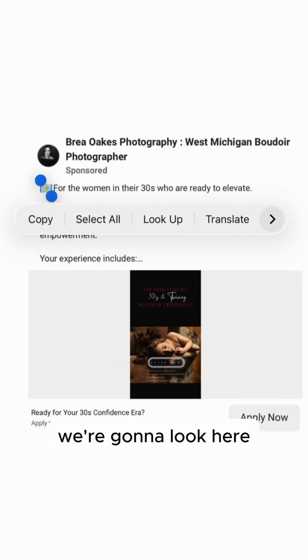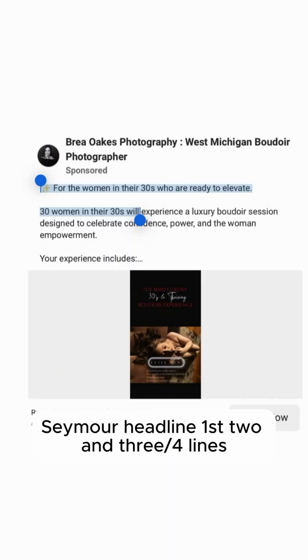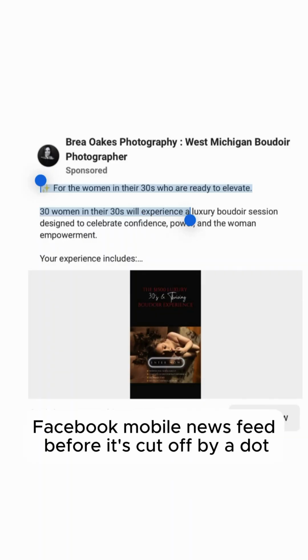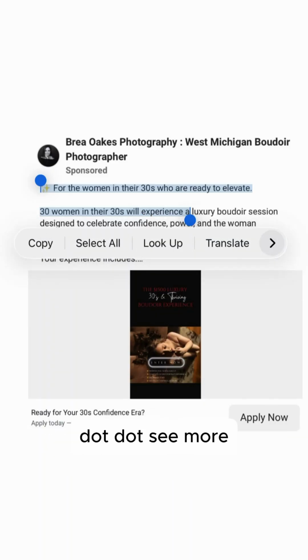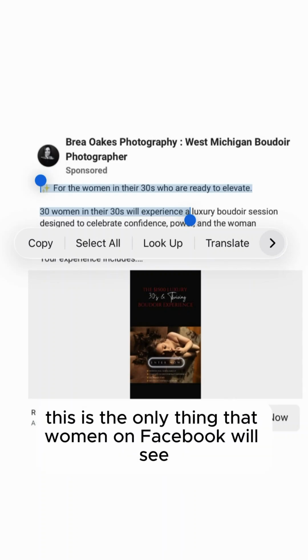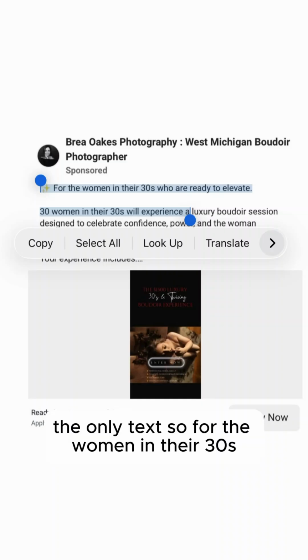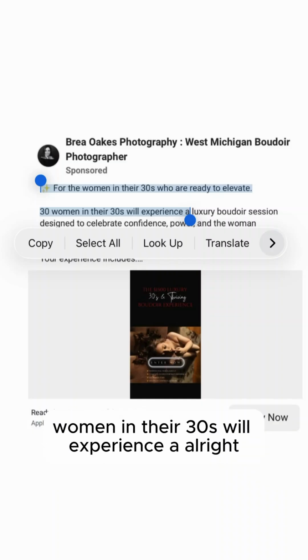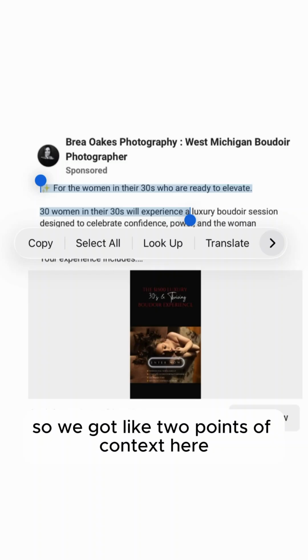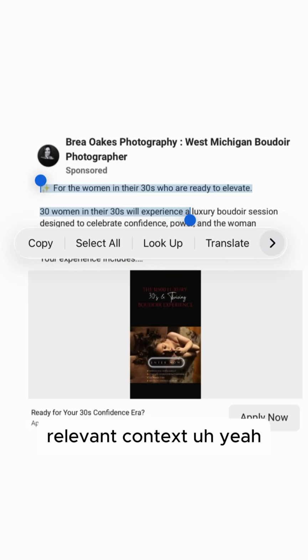Finally, we're going to look here. See more headline, first 2 3/4 lines on the Facebook mobile newsfeed before it's cut off by a See more. This is the only thing that women on Facebook will see. The only text. So for the women in their 30s who are ready to elevate, 30 women in their 30s will experience A. All right, so we've got like 2 points of context here, relevant context.